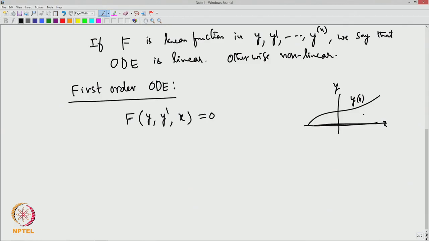In a PDE you will have two variables, so its solution is defined over a plane. That means it is like a surface that satisfies the equation.